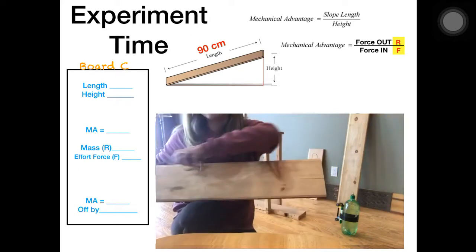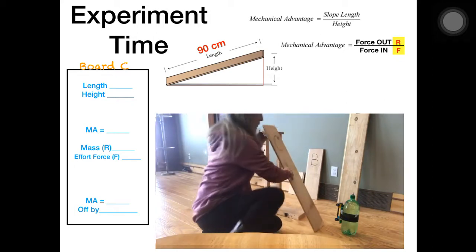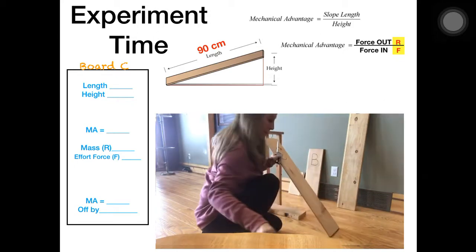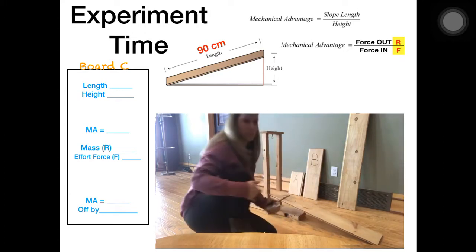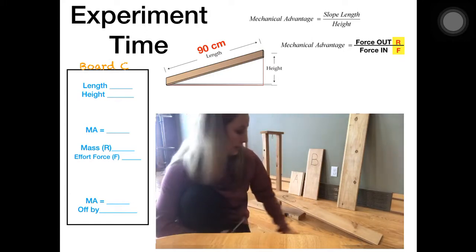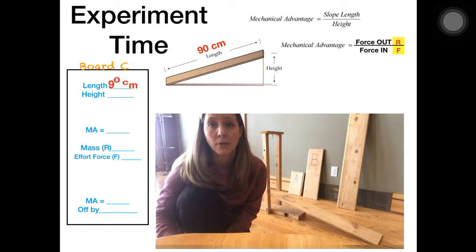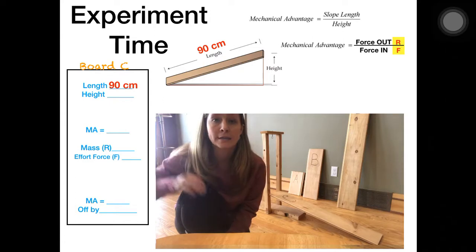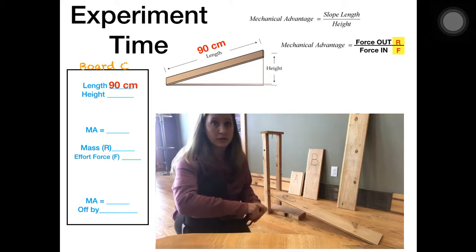So it is 90 centimeters, okay, and the next step that we have is to put the board on our stand just like that, and again you can see that it does go the whole way to the floor like it did with the last experiment, and so we are going to use the same height measurement because we didn't change our screws any, right?